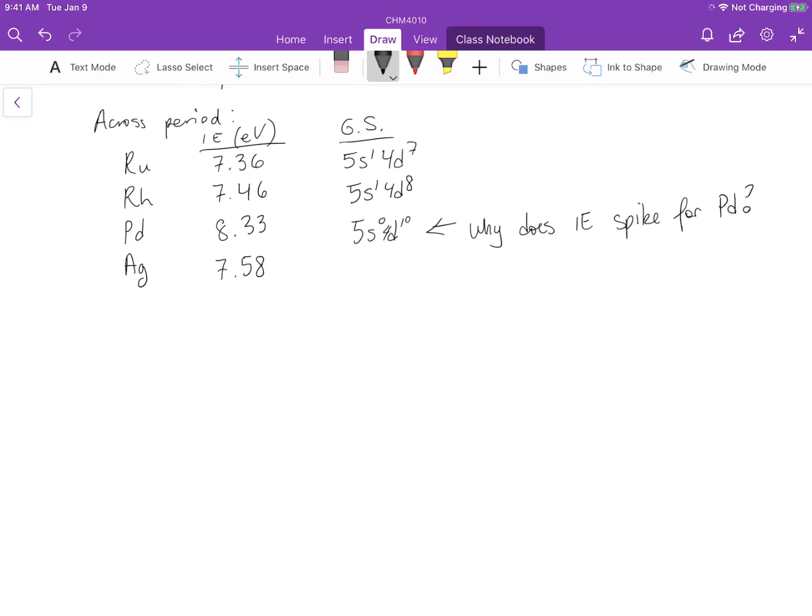We want to compare rhodium versus palladium. So we're going to look at rhodium by itself. Rhodium by itself we wrote as 4d8 and 5s1.